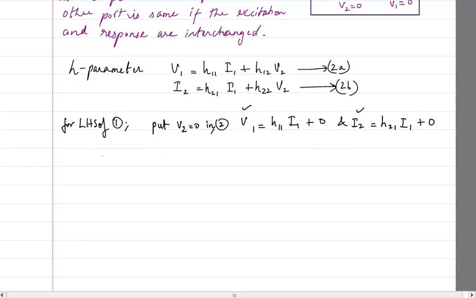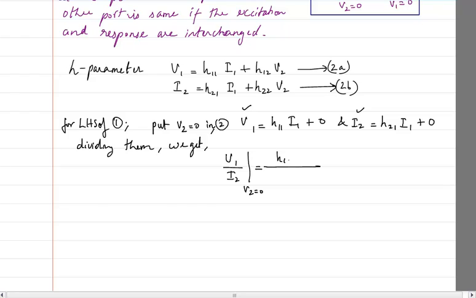Dividing them, V1 by I2 is H11 I1 divided by H21 I1, where I1 and I1 cancel off, and I get H11 by H21.